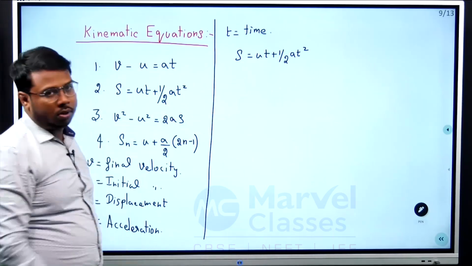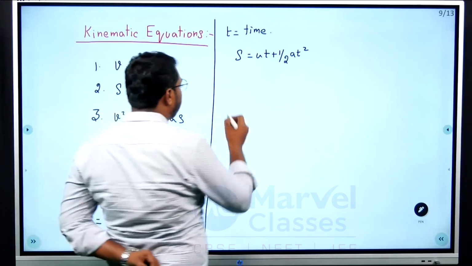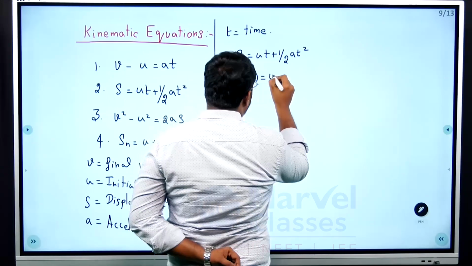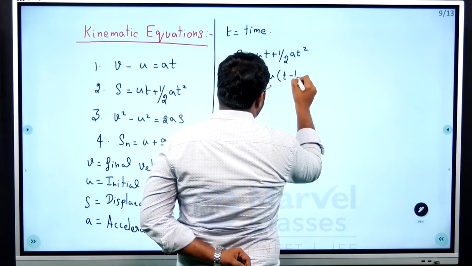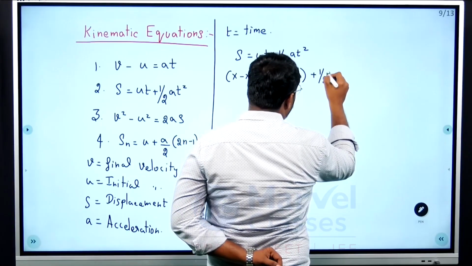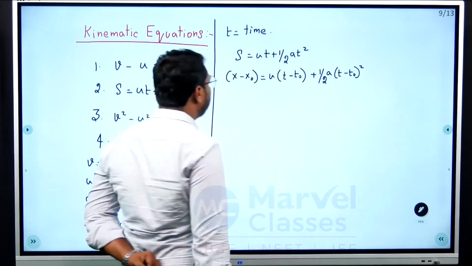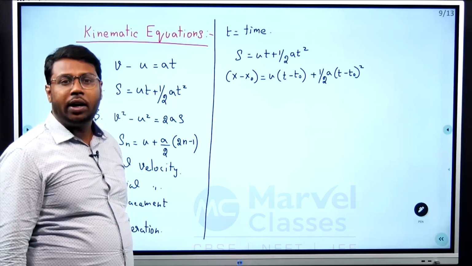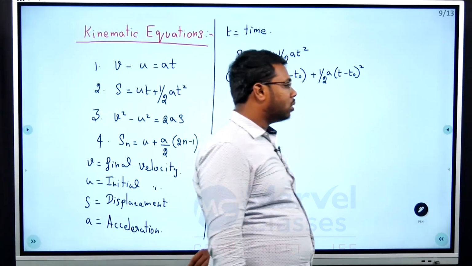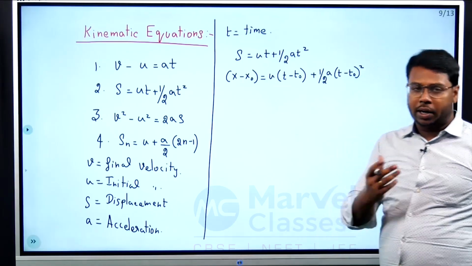Everybody knows this, but there is a different way to write it: x minus x naught is equal to u into (t minus t naught) plus 1 by 2 into a into (t minus t naught) the whole squared. This is the correct way of writing this equation, but most students don't realize this and go wrong.